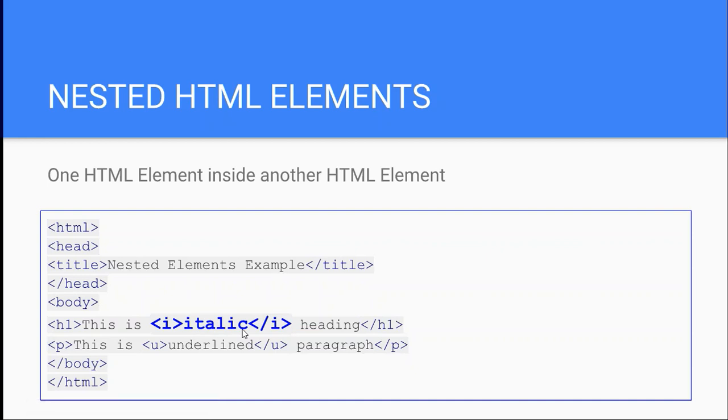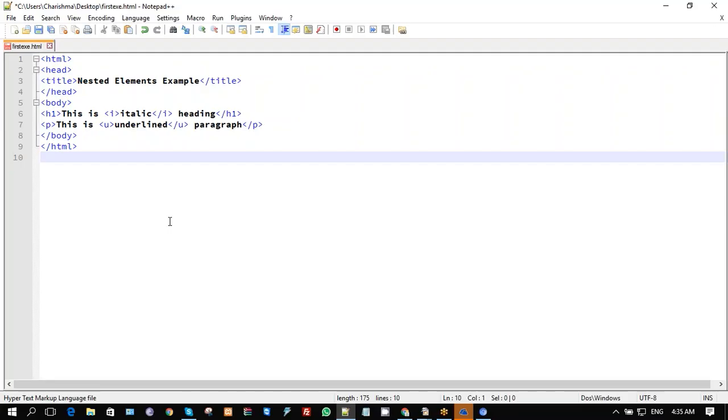So let us try this example in the notepad, and let's try to run it in the browser and see the result. And this is the code here. I'll explain the code again. We put this code with the title nested element example, and this title is in the head part, and then the body part starts here and the body part ends here, and we have the H1 heading here.